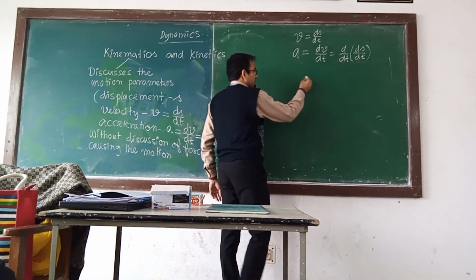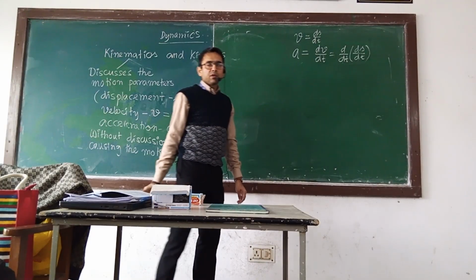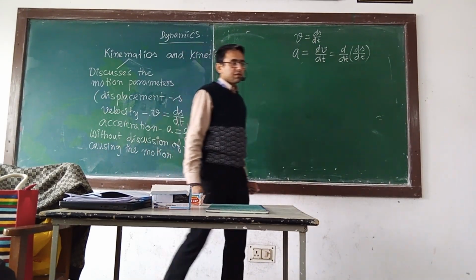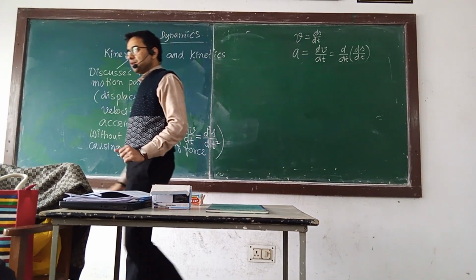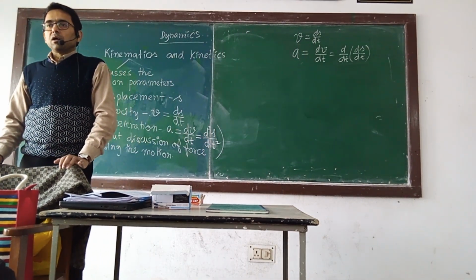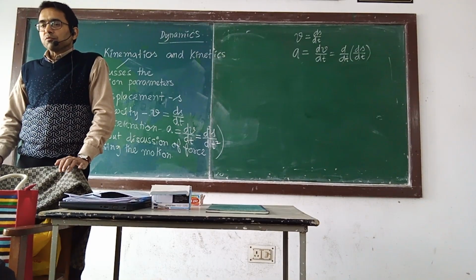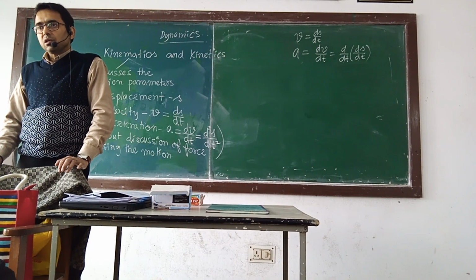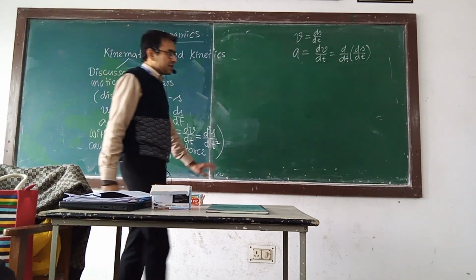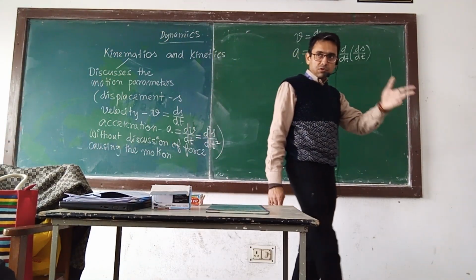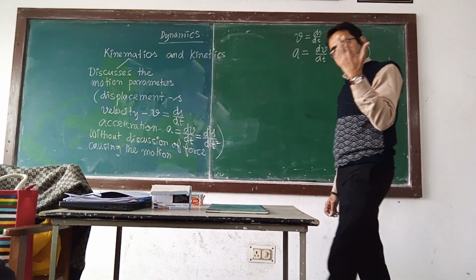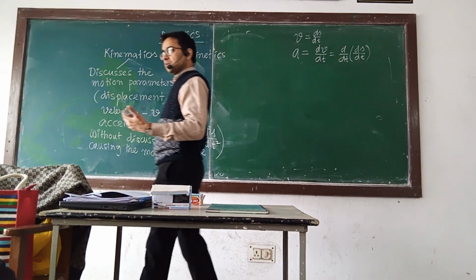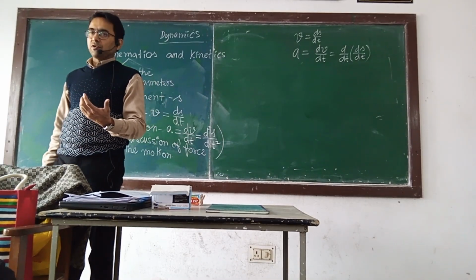From Newton's second law, we will discuss that, first law, second law. So what is the first law? Newton's first law. That means if you have some motion condition, that motion condition will not be altered if there is no external force acting on the object. Unless acted upon by an external force, the moving object will keep on moving with constant velocity, and the static object will be at rest forever.